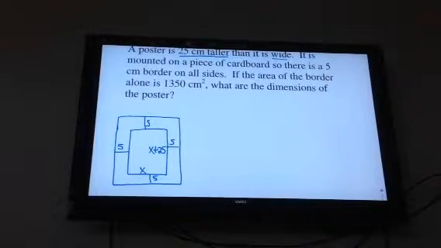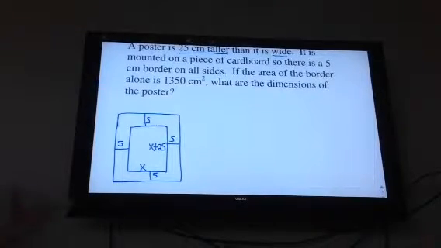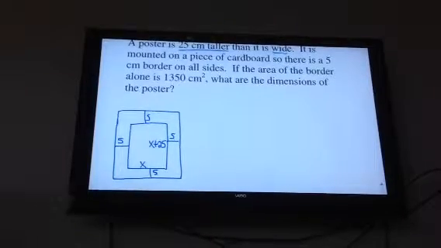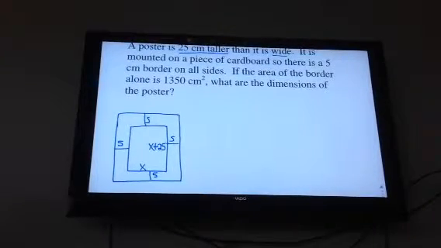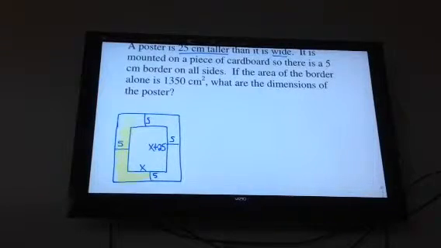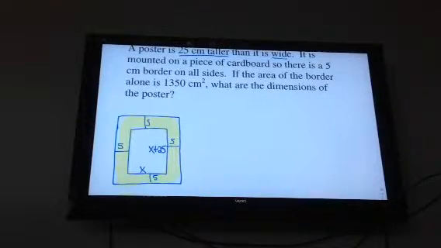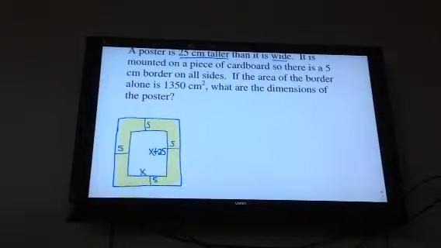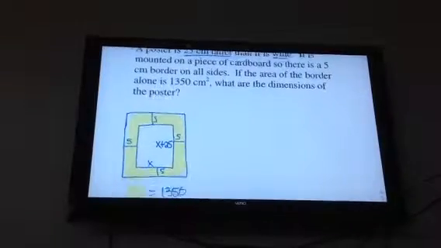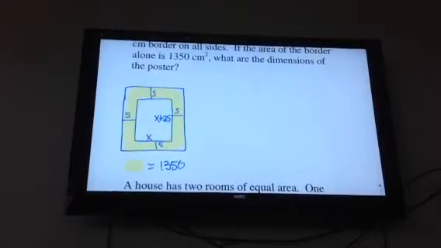And we're going to do this question just like we did the last question. We're going to take our larger rectangle, subtract the difference, and get the smaller rectangle. They're telling you that this area is 1350. That shaded part, that border, that frame, whatever you want to call it, is 1,350 square centimeters.